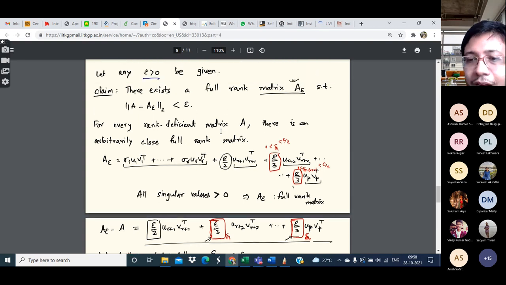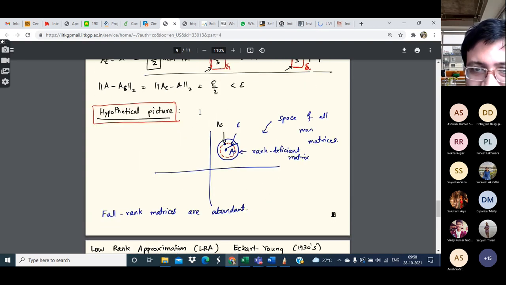So that means, if you consider the space of all matrices, it's not that the low rank matrices and the full rank matrices are scattered far away from each other.